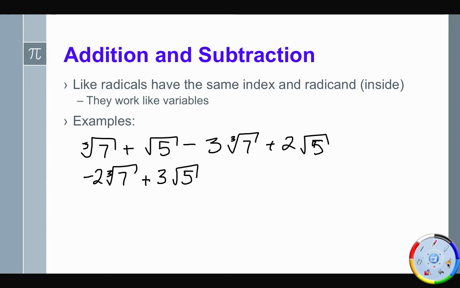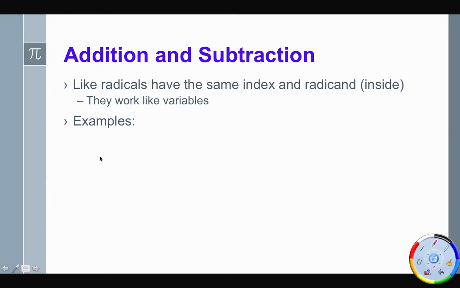Now, we could get a little bit more complicated in problems such as this. If I had the square root of 8 plus the square root of 2, this doesn't look like they have the same radicand. However, the square root of 8 can be simplified.